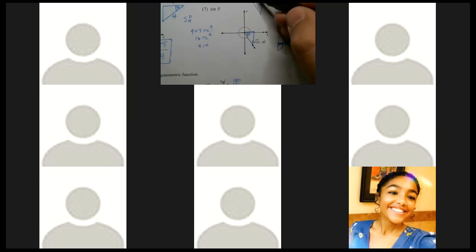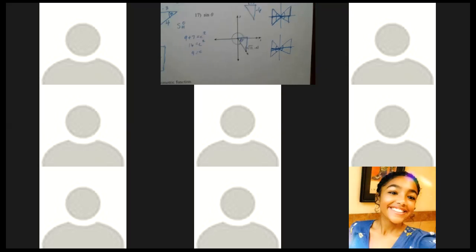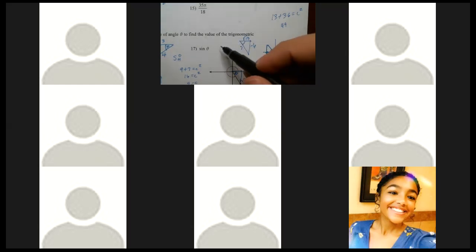Your x is radical 13, your y is negative 6. So that's 13 plus 36, so that c squared over there will be 7. And the sine is opposite over hypotenuse. Is it negative 6 over 7?